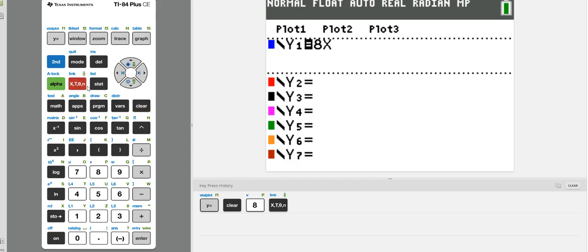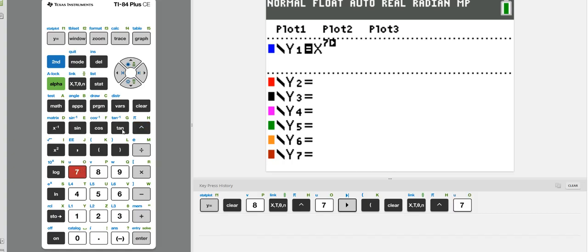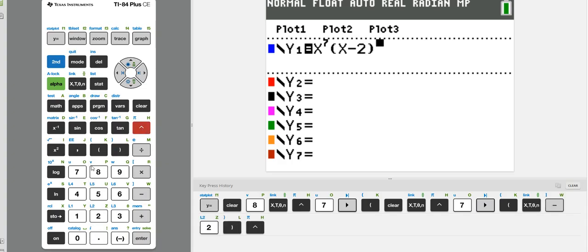8x to the 7th. And then, let's see, x minus 2. Actually, no, I copied the wrong one. How about I do x to the 7th, x minus 2 to the 6th. And finally, 15x minus 16.